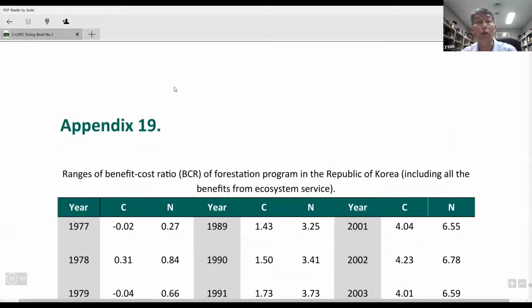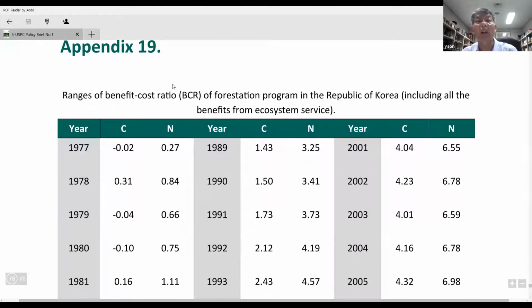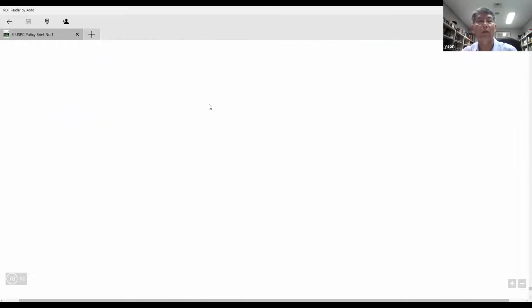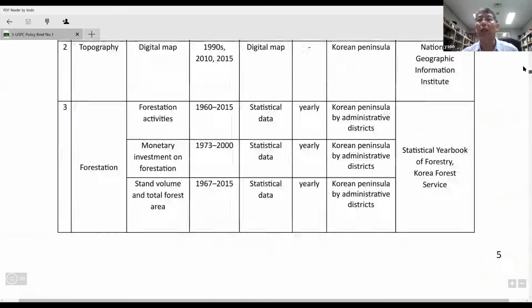I mentioned the two levels, BCR of reforestation. These are all the data we generated using our raw data.